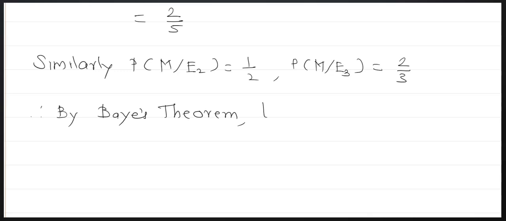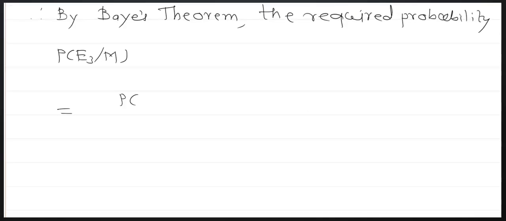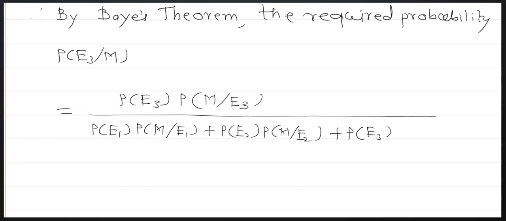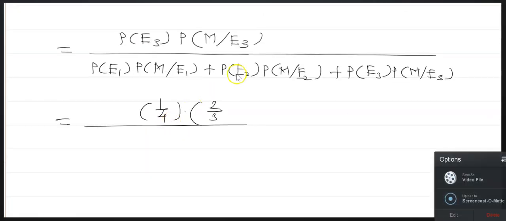Therefore, again by the Bayes theorem, probability of E3 conditional M is equals to probability of E3 into probability of M conditional E3 upon probability of E1 into probability of M conditional E1 plus probability of E2 into probability of M conditional E2 plus probability of E3 into probability of M conditional E3. Substitute the values.